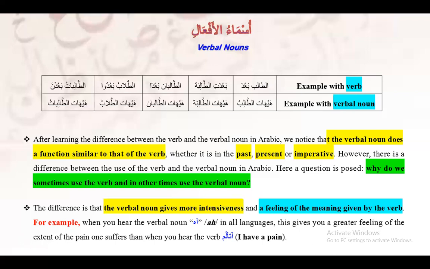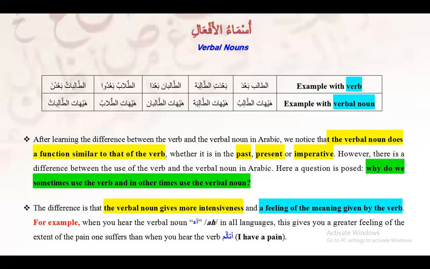There is a difference between the use of the verb and the verbal noun. Why do we sometimes use the verb and at other times the verbal noun? The difference is that the verbal noun gives more intensity.